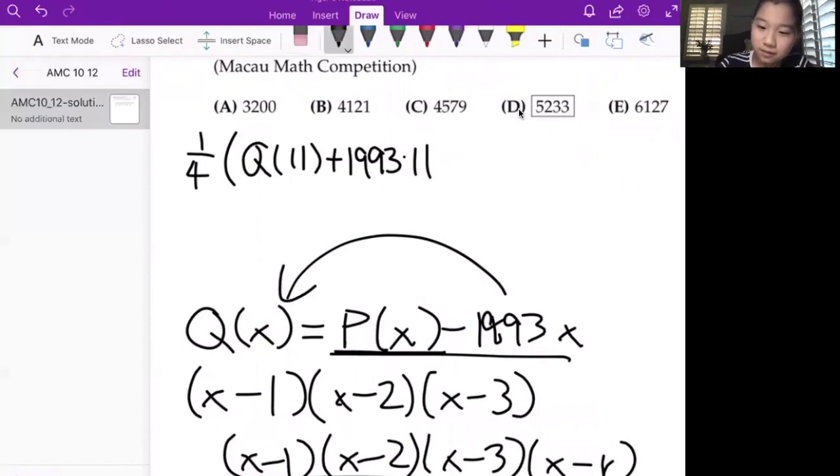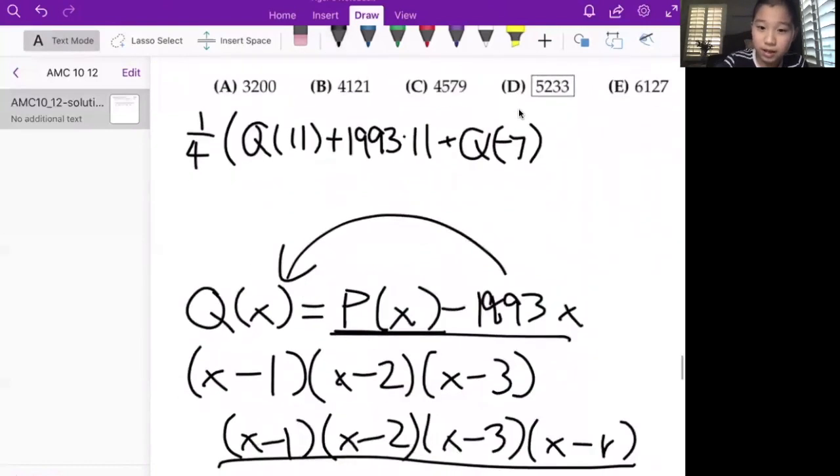And then we also have q of negative 7 minus 1993 times 7.